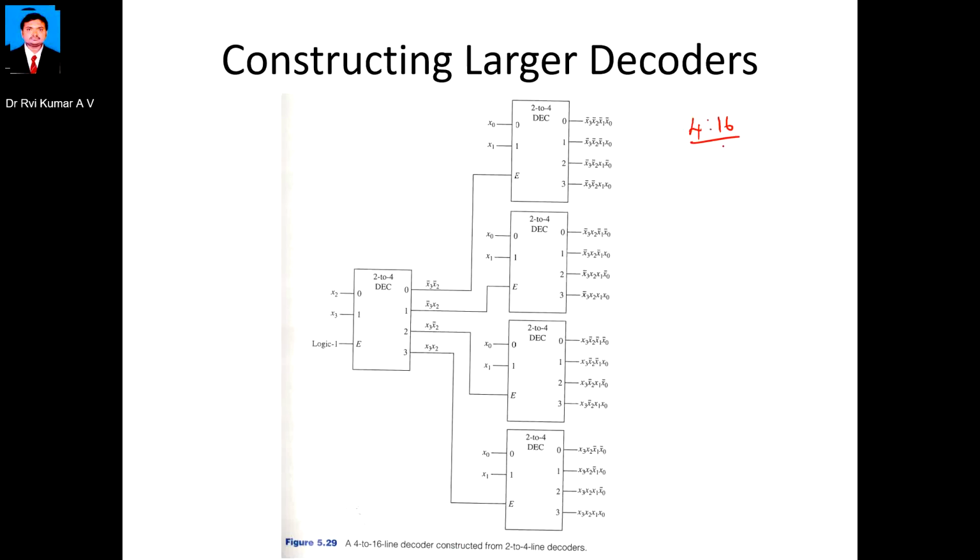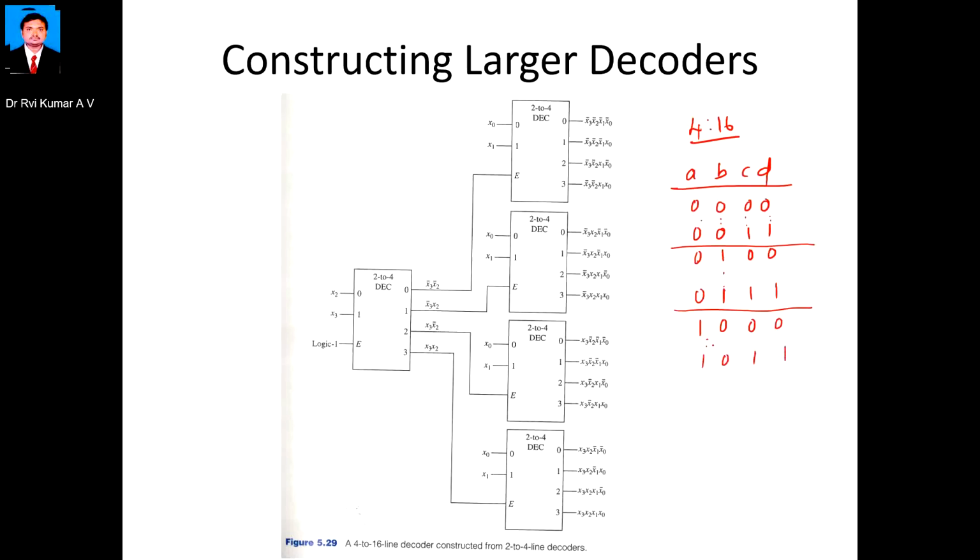So in the 4:16, let me have the combination ABCD. Here the combinations are like this: 0 0 0 0 to 0 0 1 1. This is one combination of the input. The next we have 0 1 0 0 to 0 1 1 1.